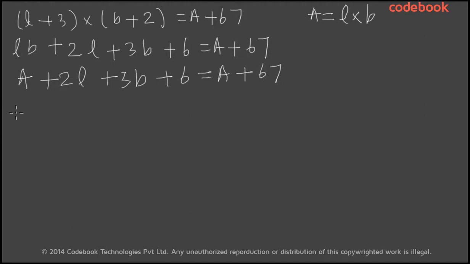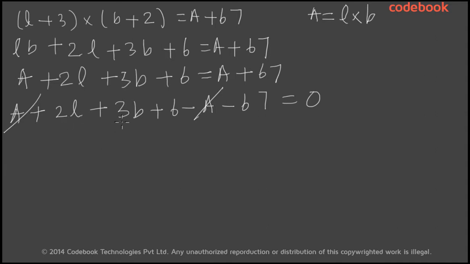Bringing A plus 67 to the other side, we have A plus 2L plus 3B plus 6 minus A minus 67 equal to 0. Minus A and plus A get cancelled out, and we have 2L plus 3B plus 6 minus 67, which is minus 61, equal to 0. So this is your equation 2.